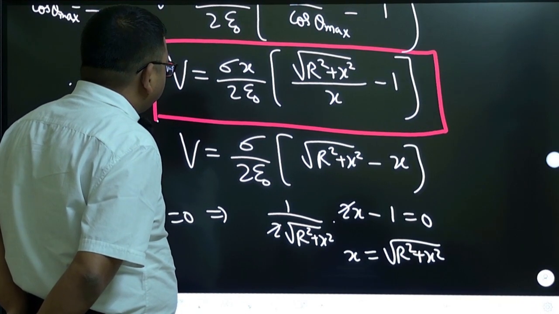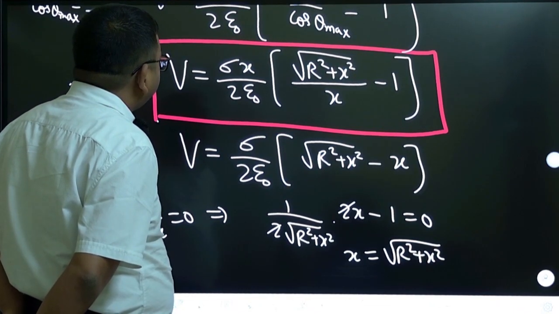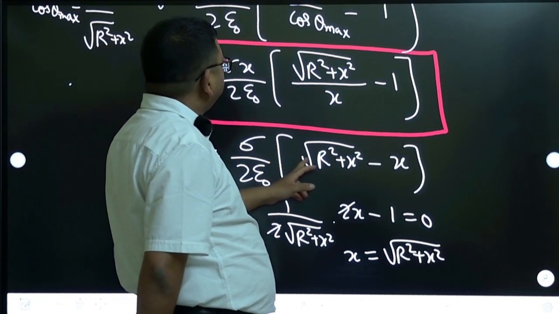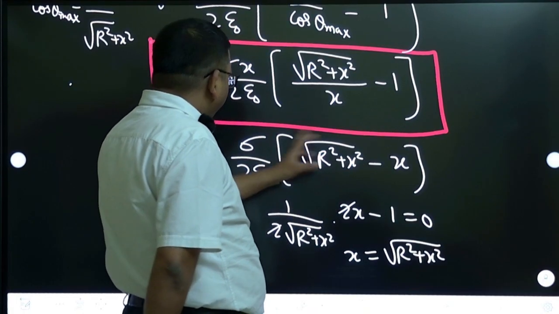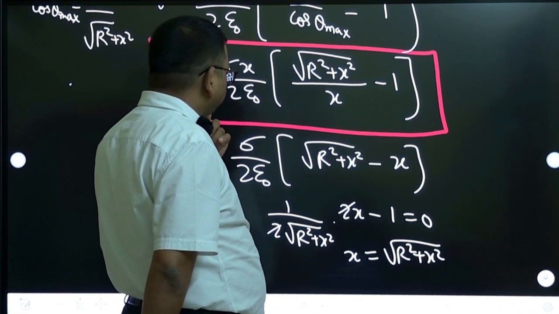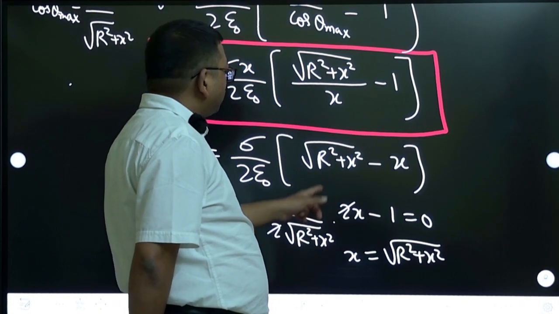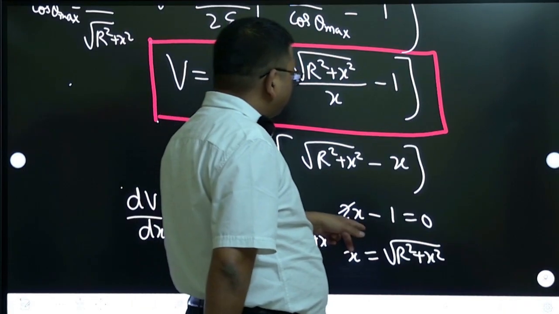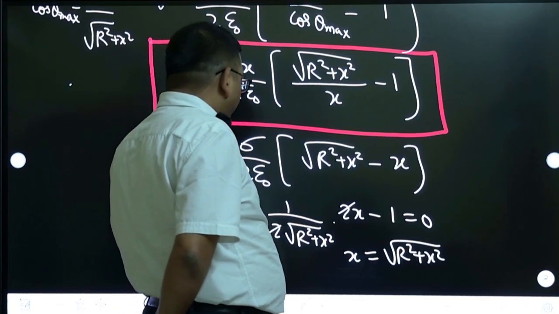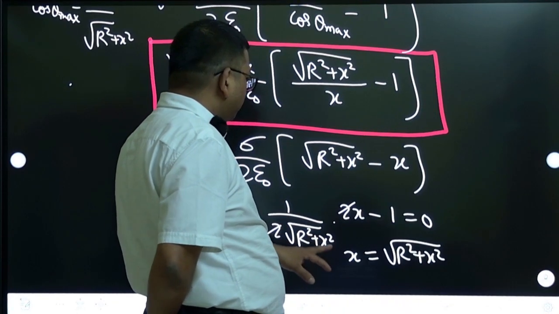Sigma by 2 epsilon naught, x we have taken inside. When will this be maximum? We differentiate root of this, 1 by 2 root this, then x square differentiation is 2x, minus x with differentiation 1 is 0. So x by this factor is equal to 1.